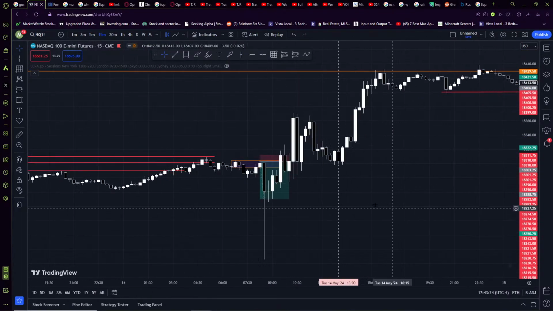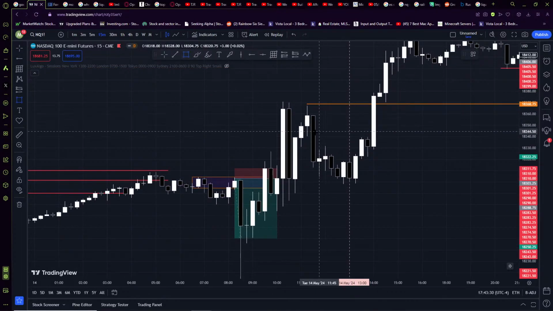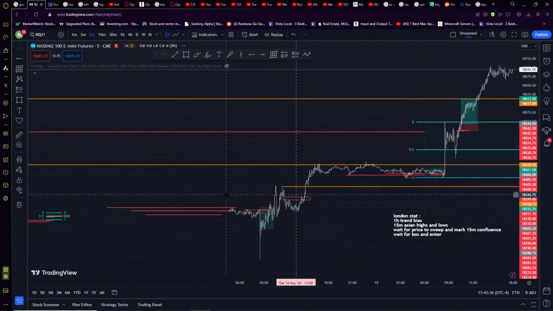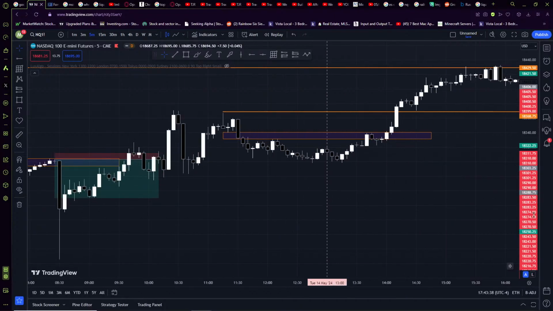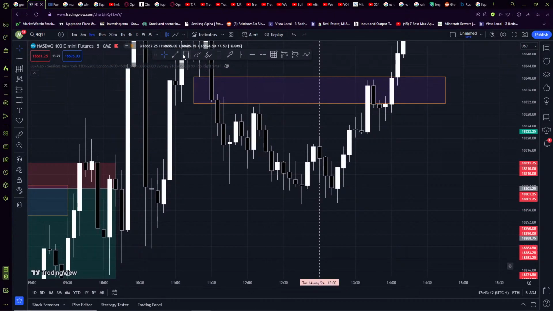15-minute. What is a draw on liquidity that we could target? And the tip of this fair value gap. Go to the 5-minute. What do I wait for price to do? Sweep the last lows.